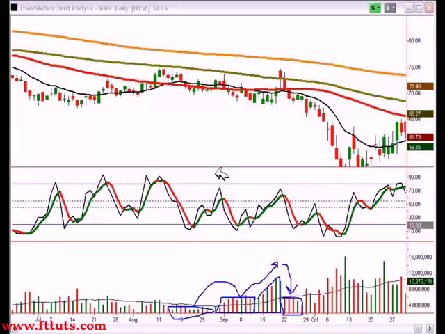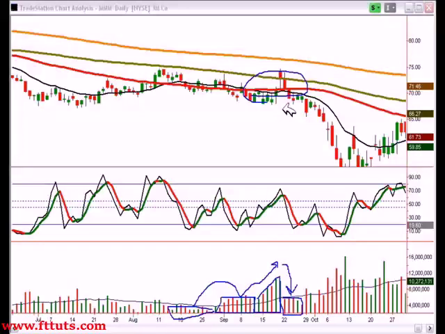So why do I show you this? What does this mean? Well, I show it to you for a couple of reasons. Number one, when this happens, the 50 MA is flat. So really, there's nothing telling us what's going to happen here. And one of our rules is when the 50 MA is flat, it's best to stay out of the market.